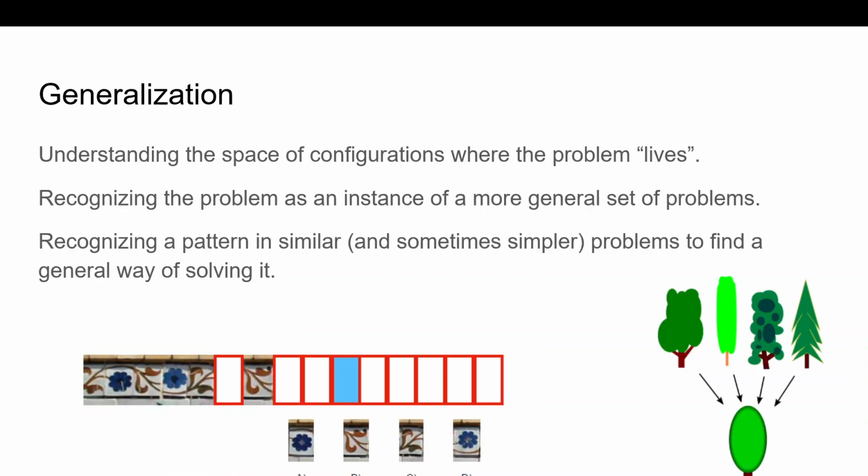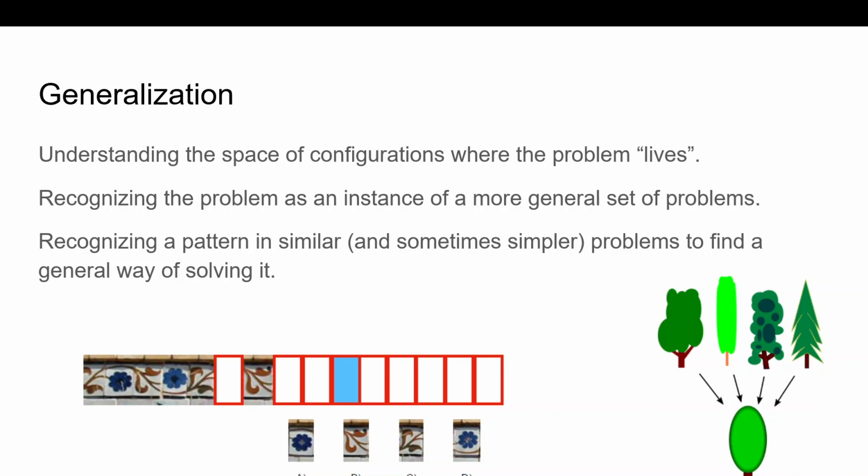Generalization is understanding the space of configurations where the problem lives, basically. So we are recognizing the problem as an instance of a more general set of problems. Or we recognize a pattern in similar and sometimes even simpler problems to find a general way of solving it. So this means on the right-hand side you can see a couple of different figured and colored trees.